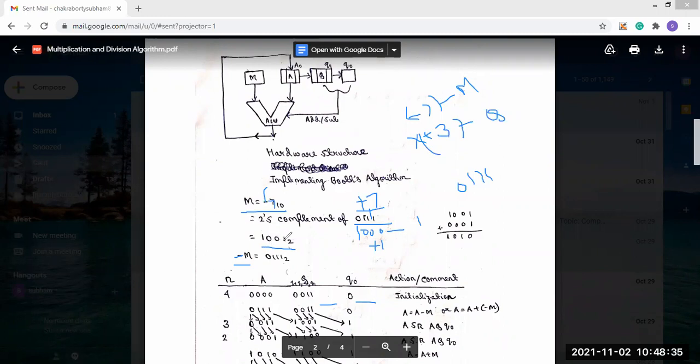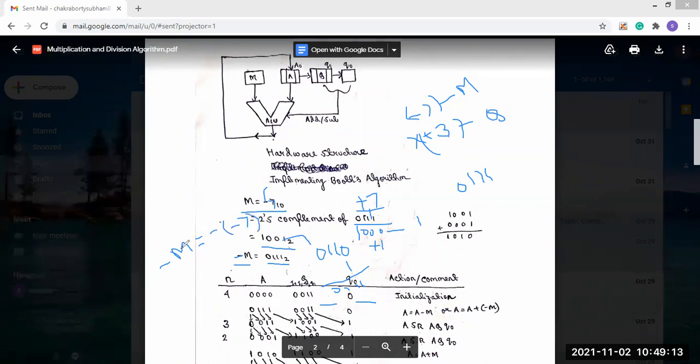So the 1's complement of this number is 0 1 1 0, and with that 1 should be added. So it is 0 1 1 1. So if it is minus m, the value will be 0 1 1 1. That means, why? If you see, it will be clear. So minus m, that means minus 7.